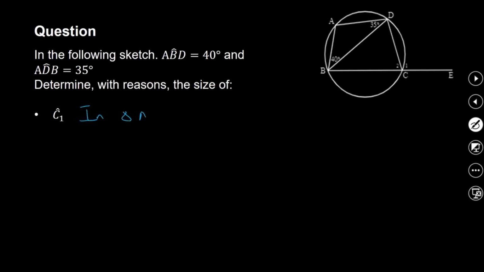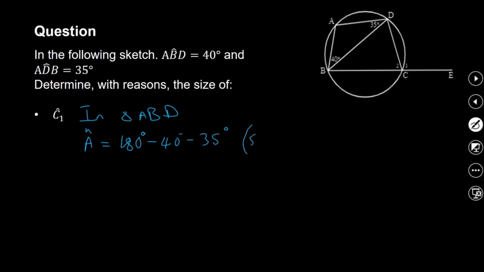So firstly, I will say in triangle ABD, I know that angle A will be equal to 180 degrees minus 40 degrees minus 35 degrees.